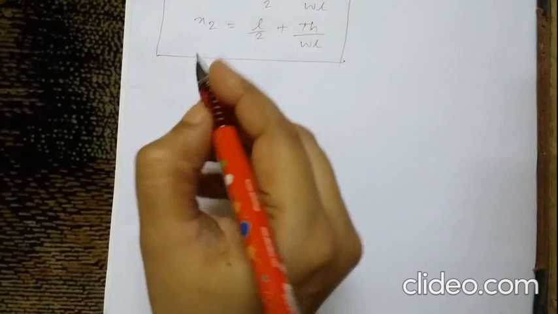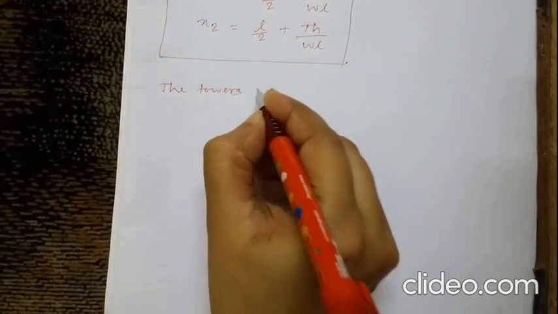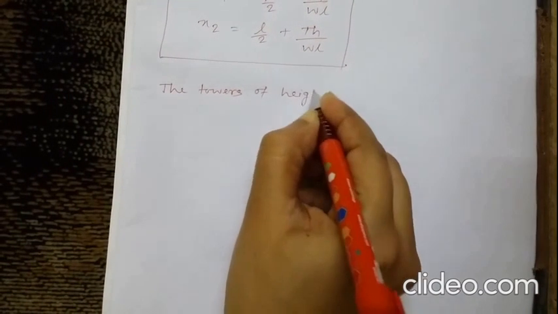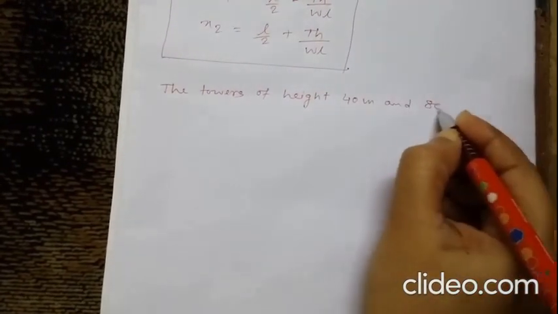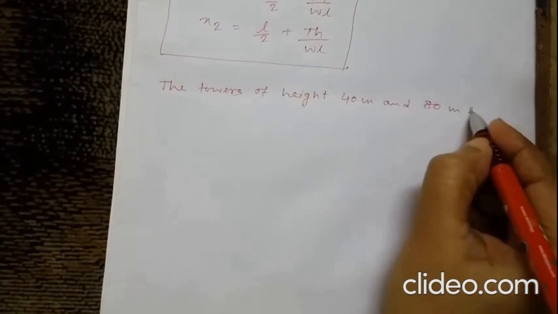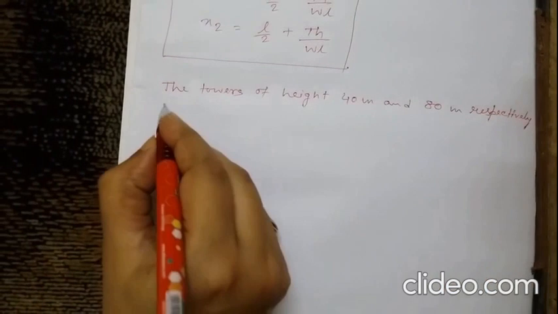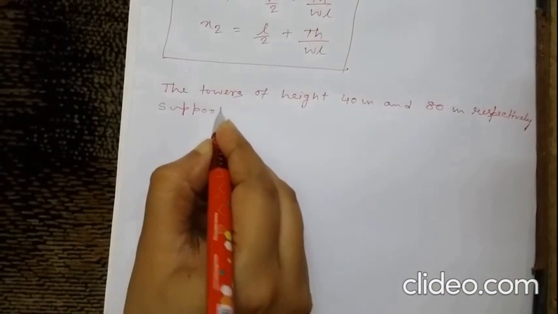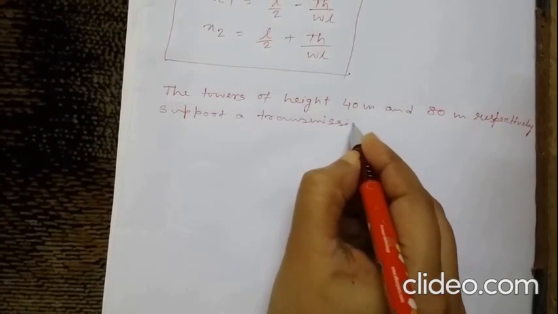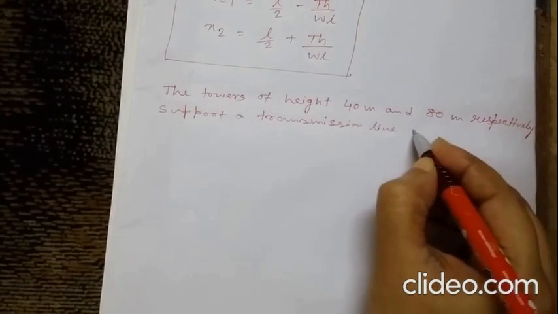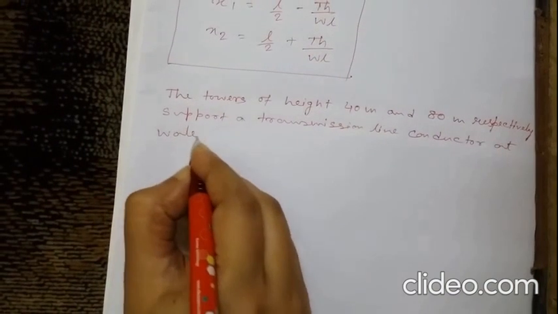Now I will put a question here. The towers of height, say, 40 meters and 80 meters respectively support a transmission line conductor at a water crossing.